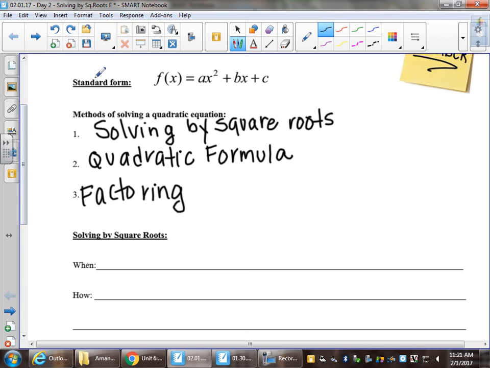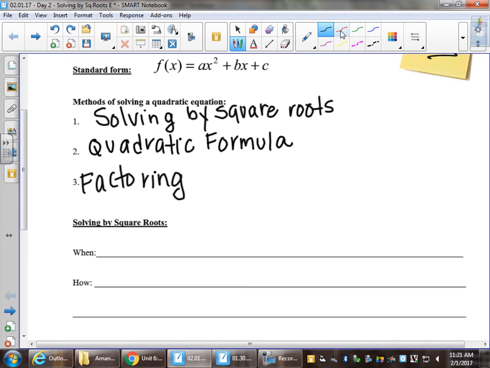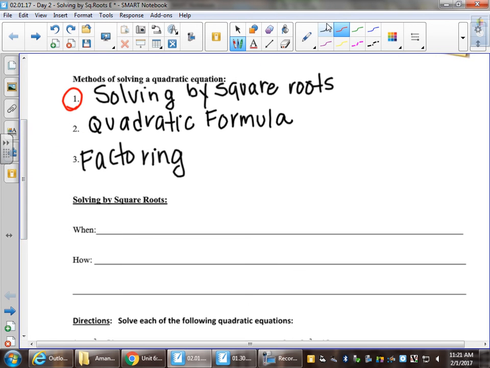For right now, we're going to be doing examples with solving by square roots. When you solve by square roots, you do it when there is no b term. So at the top of your page, you see a polynomial in standard form.